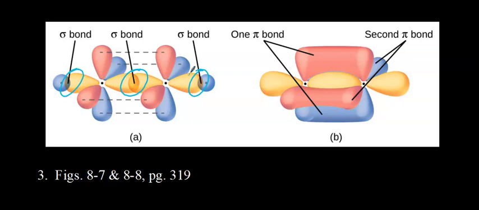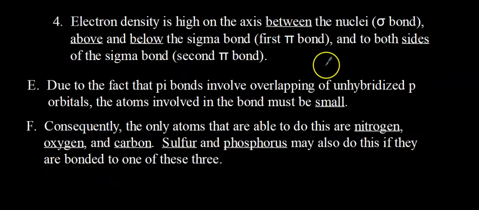It's kind of hard to show 3-dimensionally overlapping both above and below the plane of the sigma bond, as well as in front of and behind the plane of the sigma bond. I believe that's what it says next in our notes. So it says electron density is high on the axis between the nuclei, that's our sigma bond, and both above and below the sigma bond, the first pi bond, and to the sides, in front of or behind if you want, the sigma bond, which is our second pi bond.